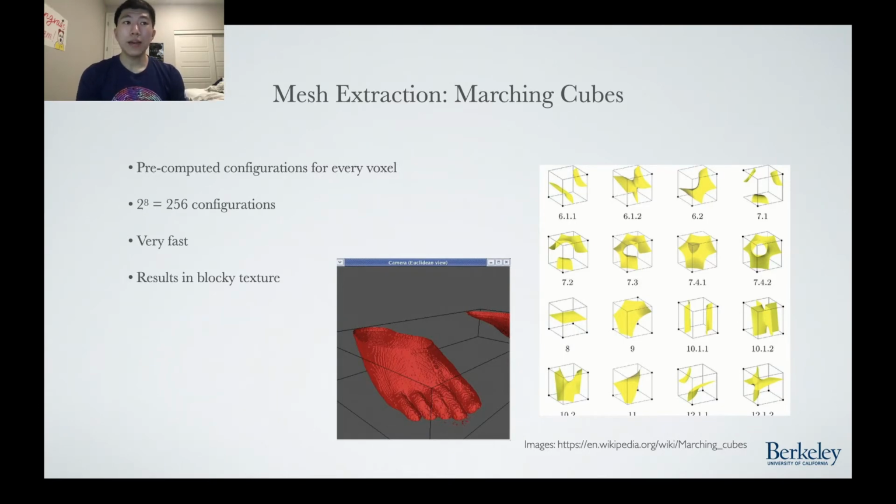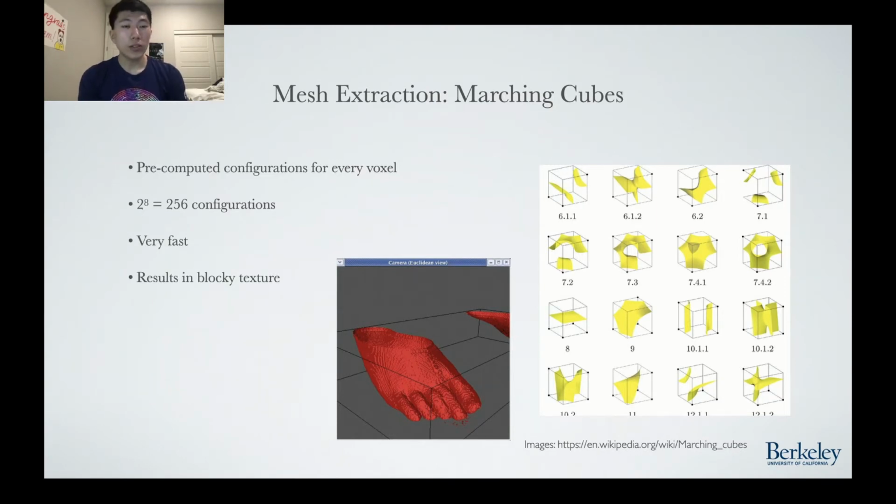Once the TSDF has been filled with observations, a mesh can be extracted. The predominant mesh extraction algorithm is called marching cubes. Marching cubes is an algorithm developed by Lorensen and Cline in 1987 and uses the following technique to generate a mesh from a TSDF.